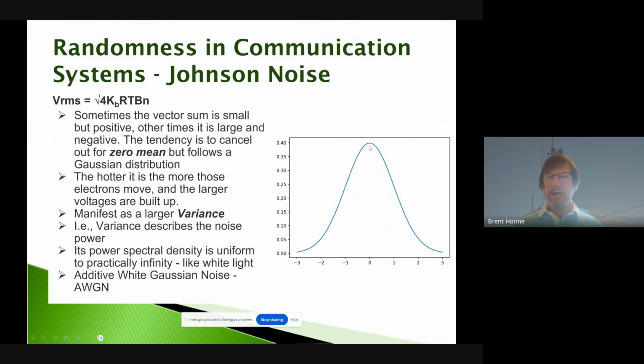Generally, the deviations are small because there are lots of these different microscopic, lattice or atomic scale movements of charged particles, so they tend to cancel out, and most of the time you have a very small excursion from the mean, but you can potentially have large ones. Most of the time they'll cancel out on average.